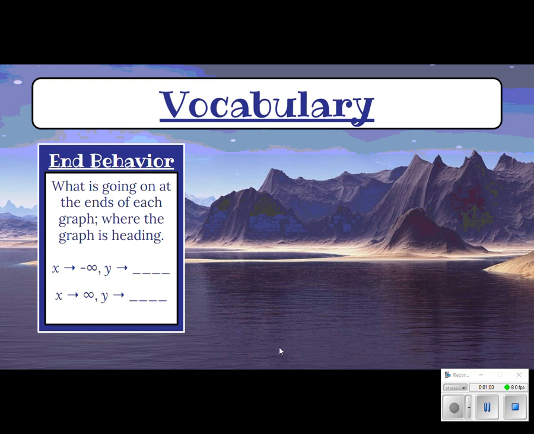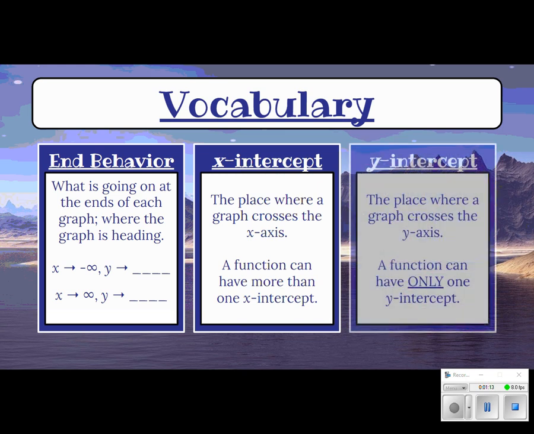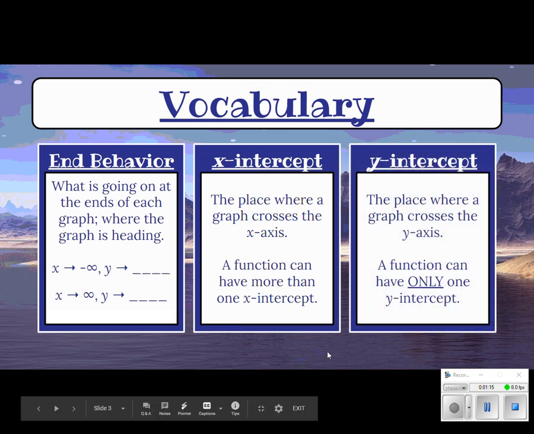It depends. The x-intercept is a place where the graph crosses the x-axis. A function can have more than one x-intercept. And the place where a graph crosses the y-axis is called the y-intercept. A function can have only one y-intercept.